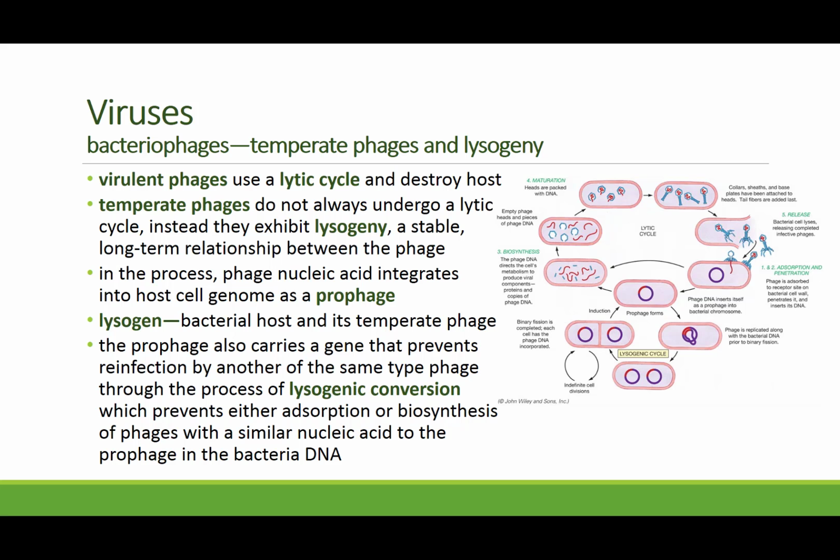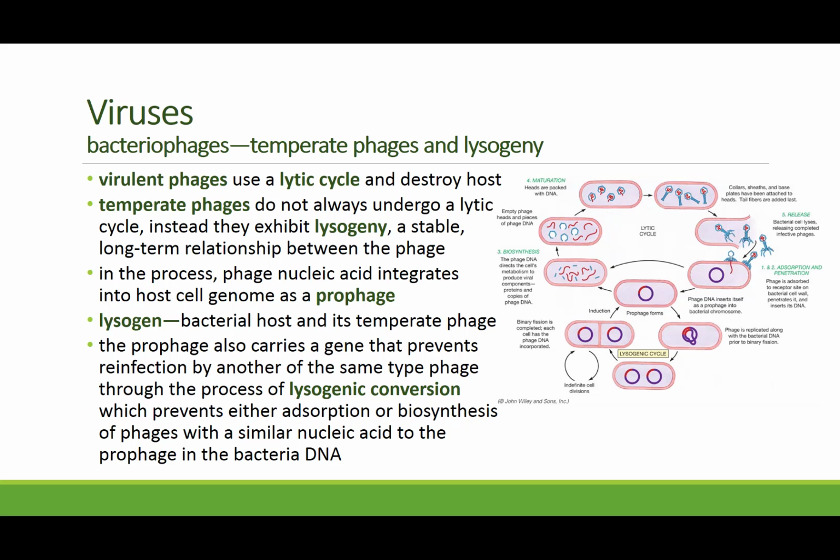We refer to these phages that do not initially cause a lytic cycle as temperate phages. So they exhibit what is referred to as lysogeny, which is the stable relationship between the bacterium and the virus, where the bacterial cell is allowed to continue its growth process.